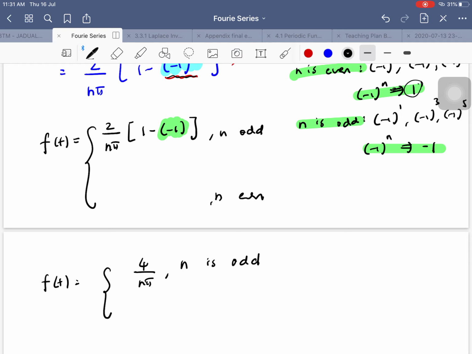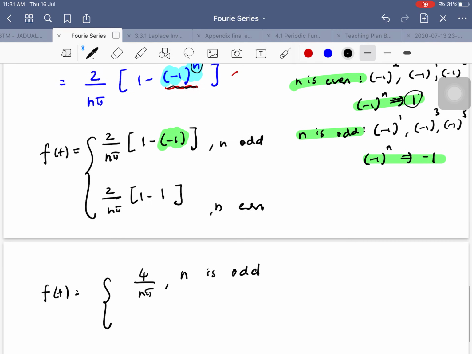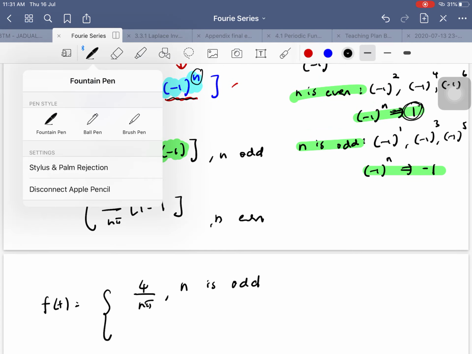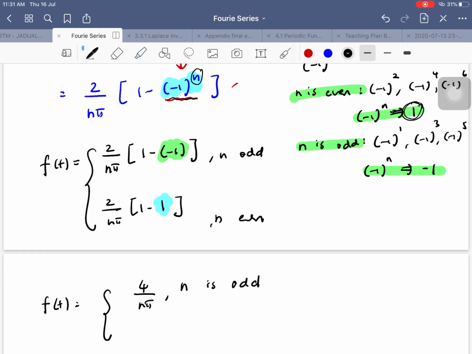And for the case of n even, I'm going to end up with 2 over n pi times 1 minus 1, because when n is even, negative 1 to the power of n is going to be a value of 1. So this is what I substitute right here. And we know that 1 minus 1 is going to be 0, so this is going to be 0 when n is even.